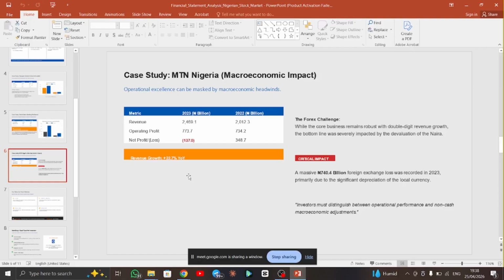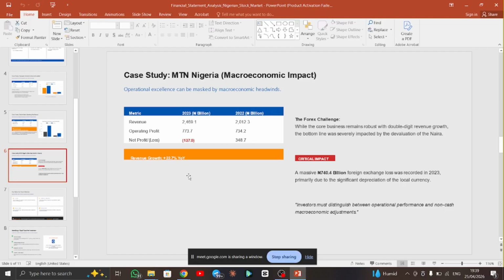So now we're going to look at another one, MTN Nigeria. So this is their data for 2022 and 2023. You see that their revenue did what? What happened to the revenue from 2022 to 2023?